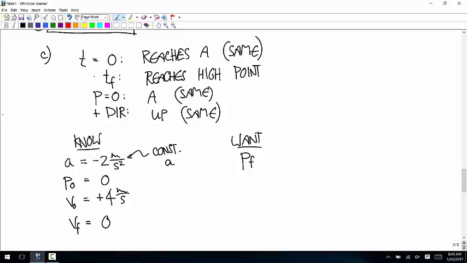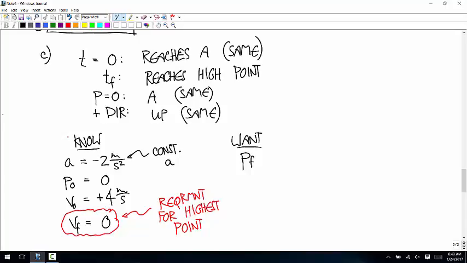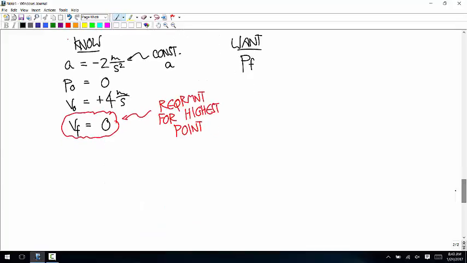So that's how you specify that it's at its highest point. That's the requirement for highest. Is there an equation that works with these? I think this one should work.